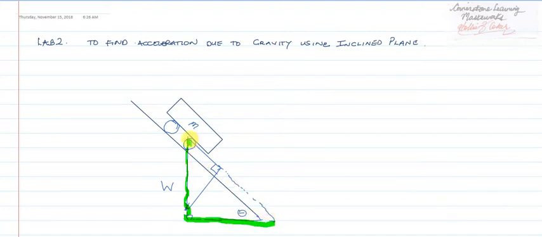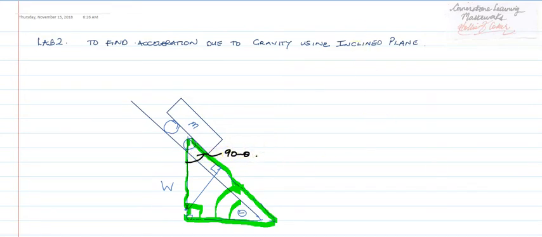This angle is 90 degrees, this angle is theta, and this angle here is the same angle. So the angle up here will be 90 minus theta.